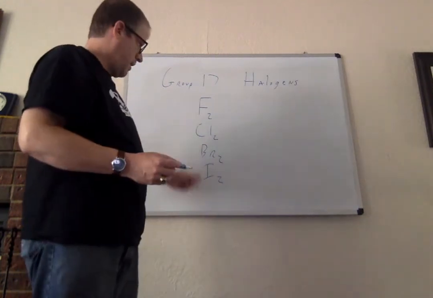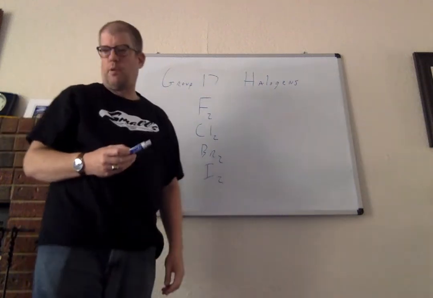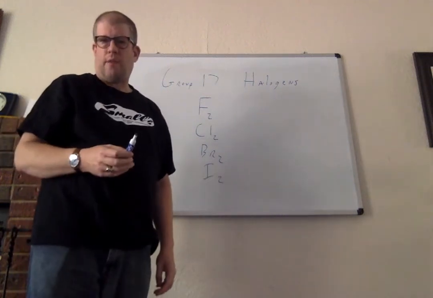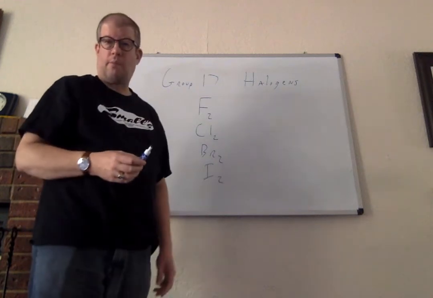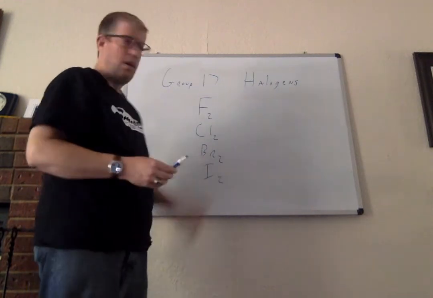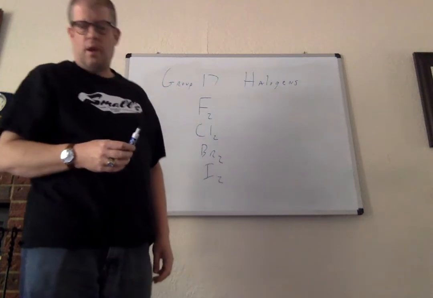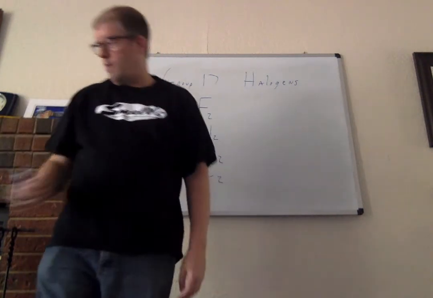And so if you look at these diatomics, right, what normally happens is the bond strength would go down as one descends the group, which means iodine would have the weakest bond and fluorine would have the strongest. And so the question is, is that the case or not?